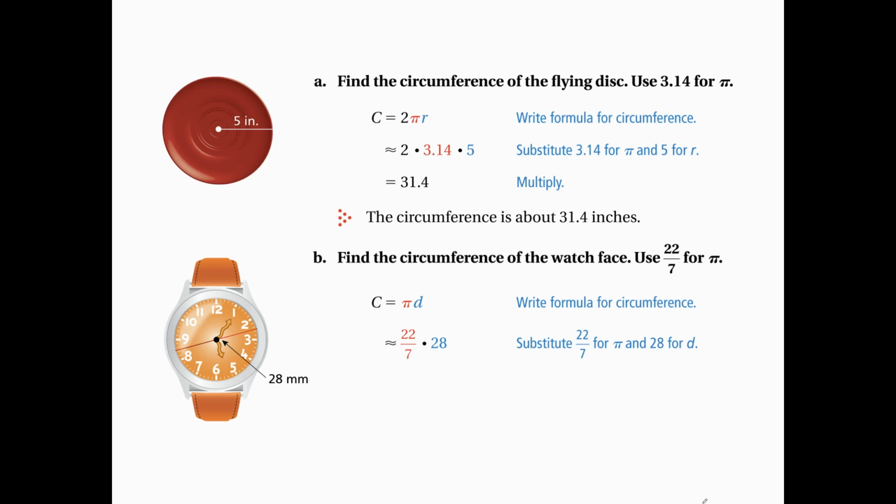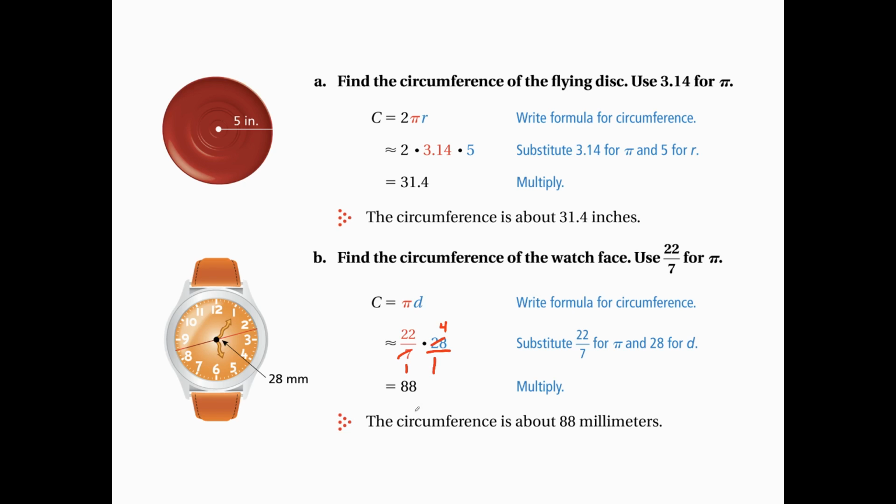The reason I use 22/7 here is if I put this over 1, notice that I can cancel. Boom, boom. That becomes 1 and 4, right? And if I do that, then I just multiply the numerators together and I get 88. Okay, so the circumference is about 88 millimeters.